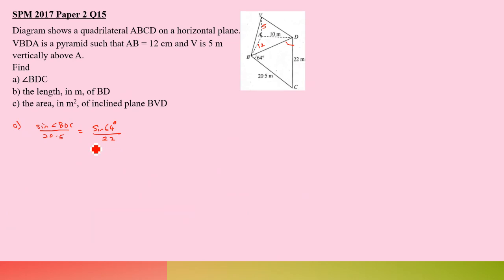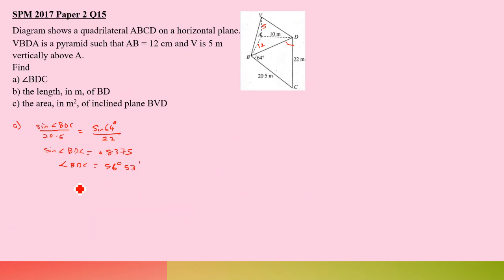Okay, cross multiply, so you will get sine BDC will be 0.8375. So you can find the angle BDC equals 56 degrees 53 minutes. Okay, you can use your calculator to get it in degrees and minutes.